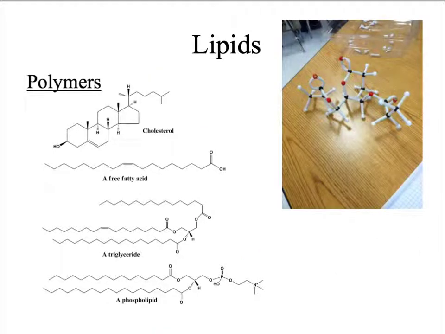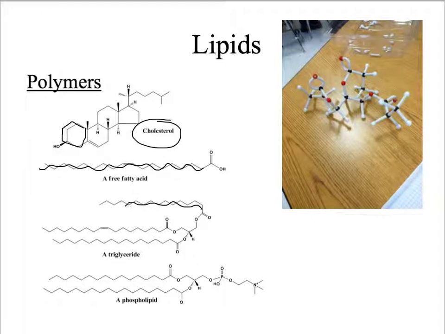Okay, now on to the polymers. Again, I said lipids have a lot of different types of polymers. They're a very diverse group. I'm just going to talk about a couple of them right here. Cholesterol, we've all heard of before. Cholesterol is a lipid polymer, so it's built up of many fatty acids. These fatty acids are in a ring shape, which is a little different, but they're still there. One single free fatty acid looks like this, I wanted to remind you.